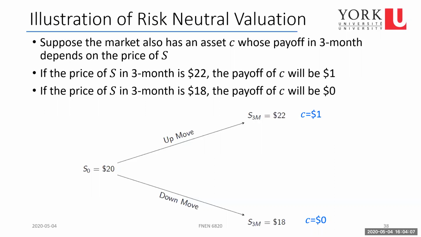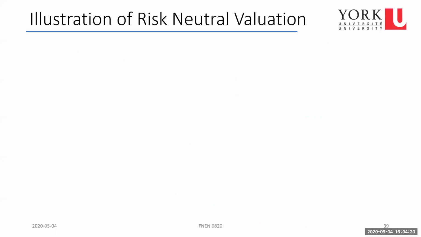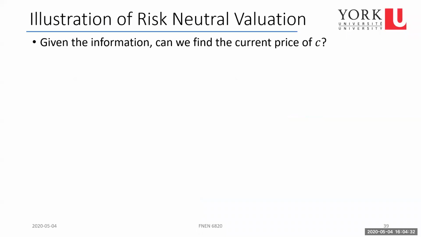And if the stock price has gone lower to $18, asset C will have 0 value. So you can look at this asset C here. It looks very much like a call. In a certain situation it has a payoff, and in the other situation it has 0 payoff. Now, given the information, can we find the current price of C?